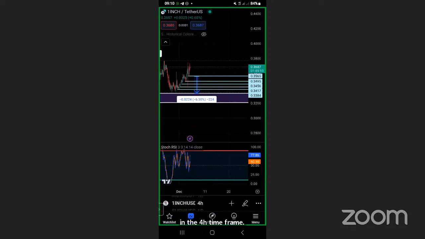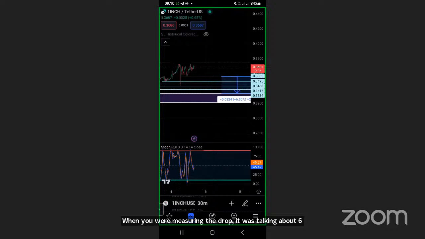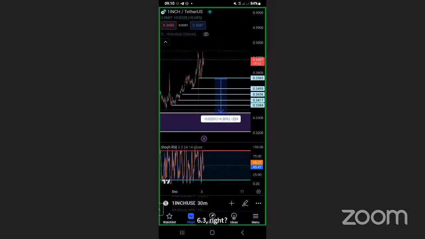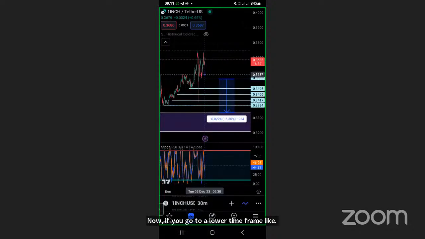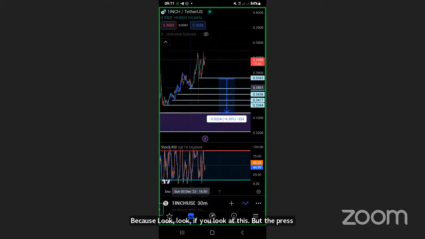Now, if you go to a lower time frame, like 30 minutes, are you seeing that there are possibilities of the market price dropping at these respective levels? Look at this: the price went up here, dropped back here, then there was another break of structure here, then it came and retested, then there was another break of structure before the market price came back here, then there was the other one.